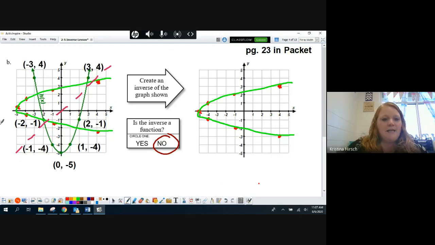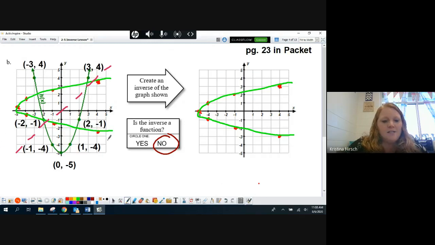So that is an example of our first learning target from page 22 and 23, I think, in your packet, where you are looking at inverses both in a table and on a graph.